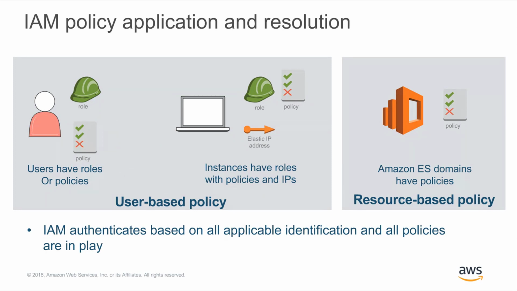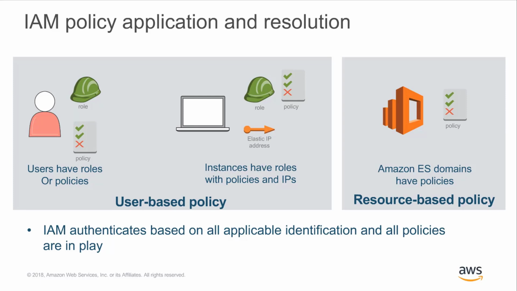Now, we've talked about a number of different policies and a number of different places that they can attach. And to understand how the authentication and access control works, we have to go a little bit into the IAM policy application and resolution. There are two kinds of policies that we consider. The first of those is called a user-based policy.